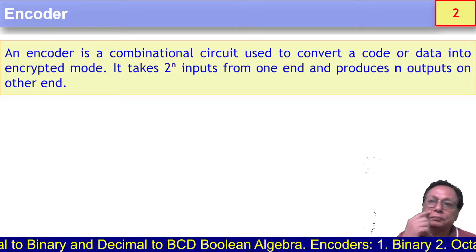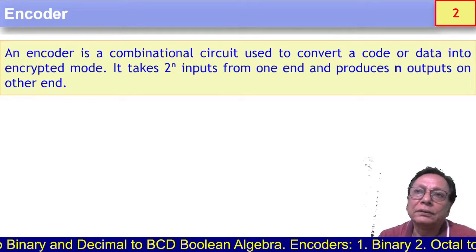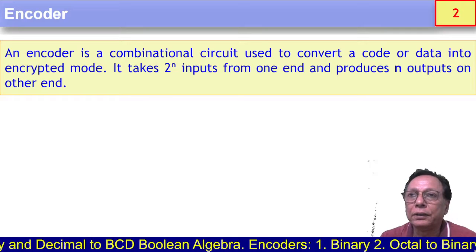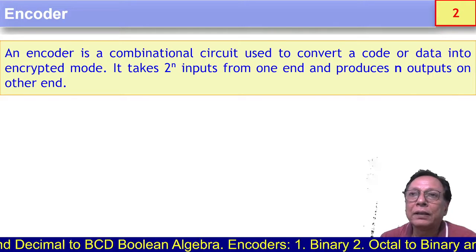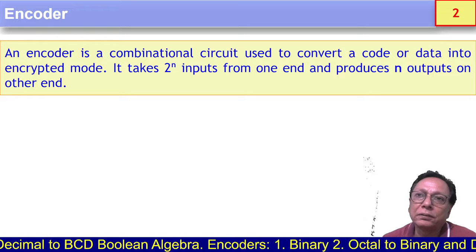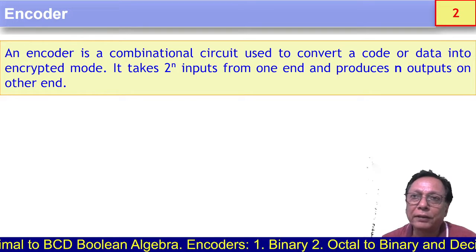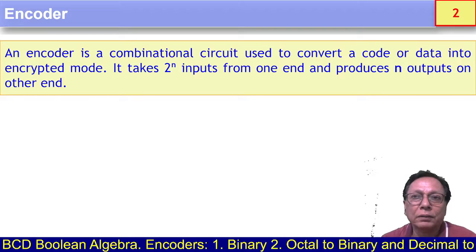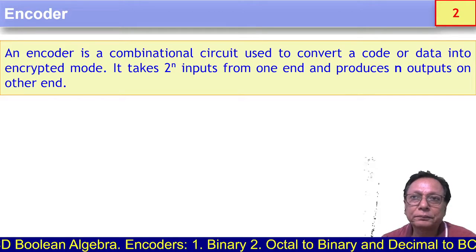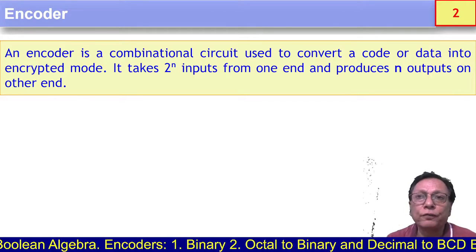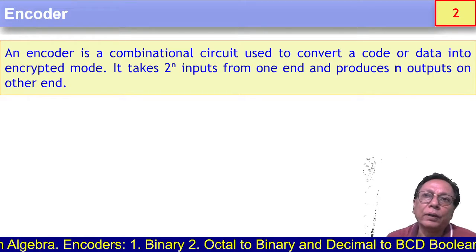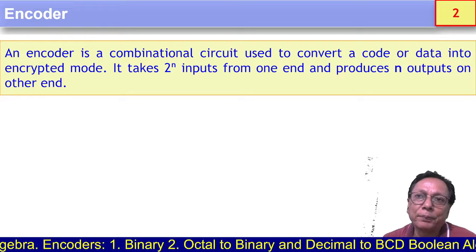It means if you have a 2 to the power 3 encoder, there are 8 inputs and there will be 3 output lines. And one most important thing: out of 8 input lines, only one signal can be active at a time.